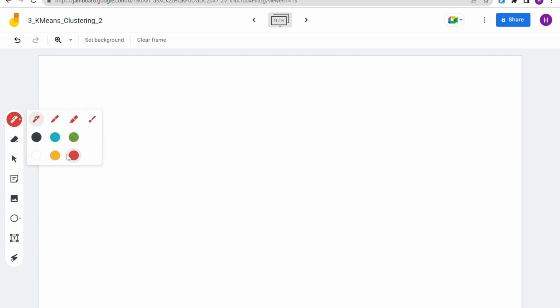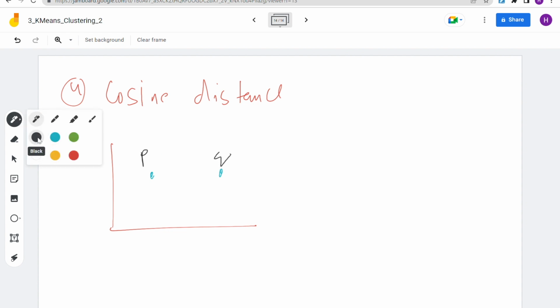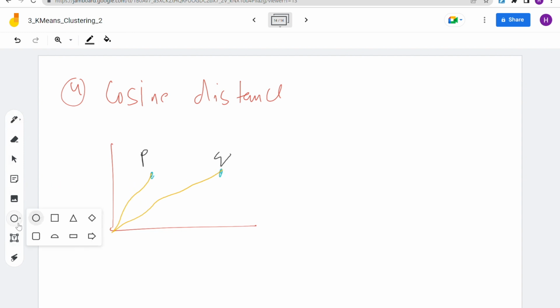This is also something you might be familiar with from high school. How does cosine distance look? If you have these points p and q, you calculate the angle from the origin. You draw one line here and another line. Let's say this is one line and this is another line, and we'll be calculating this angle.